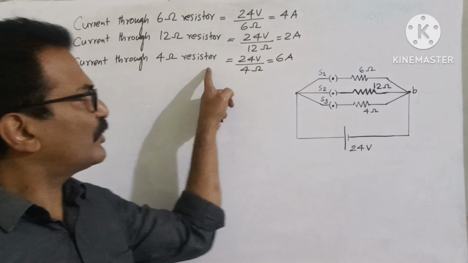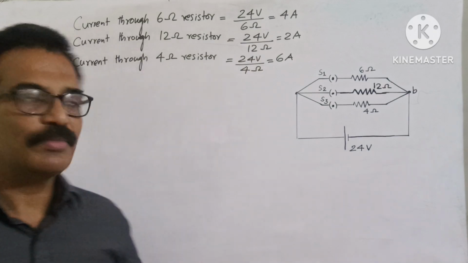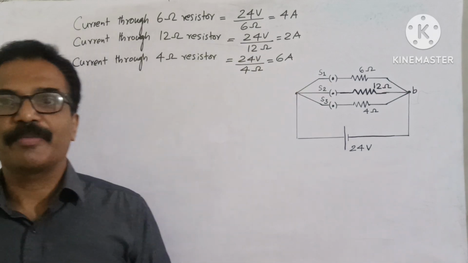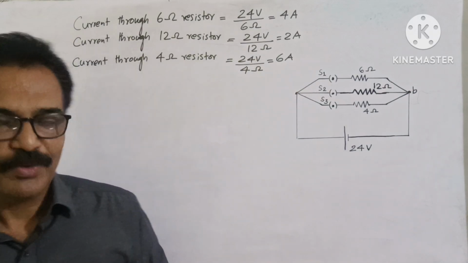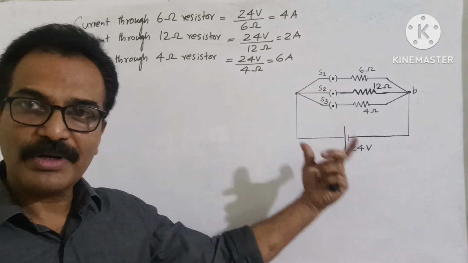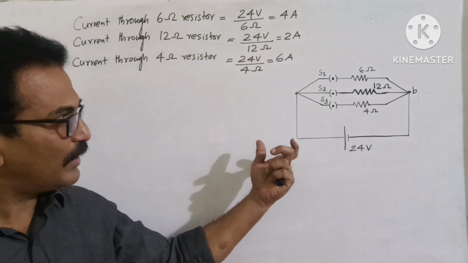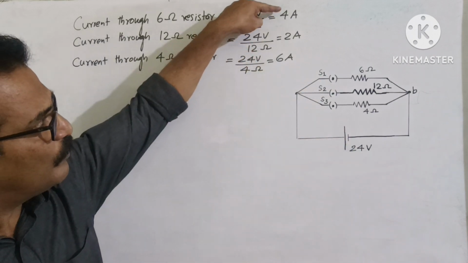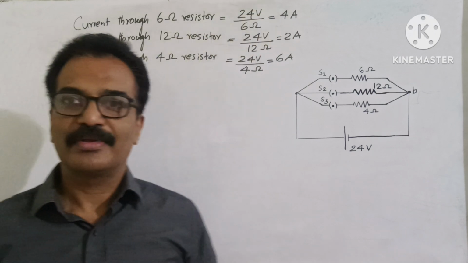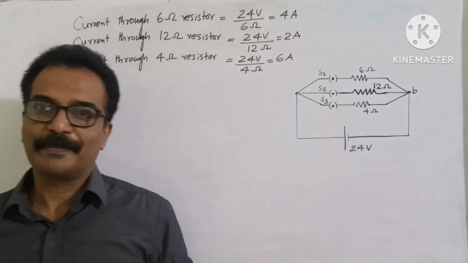Current through the 4 ohm resistor is 24 volt divided by 4 ohm, which is equal to 6 ampere. When all the switches are closed, what is the total current drawn from the cell? I can add it up. 4 plus 2 plus 6, that's equal to 12 ampere.